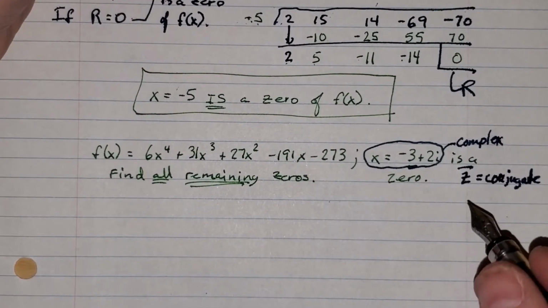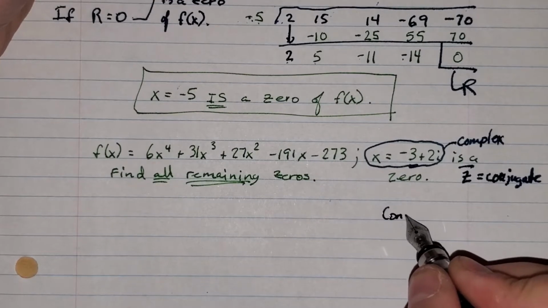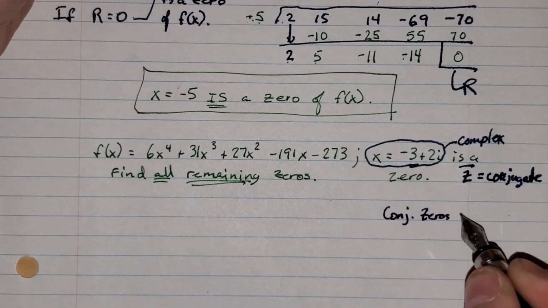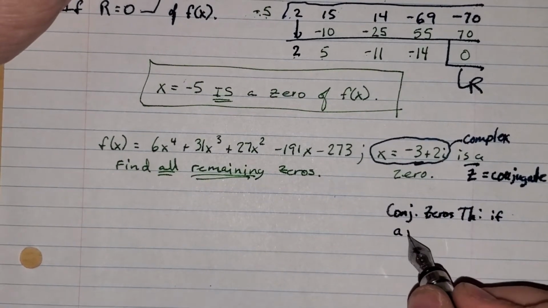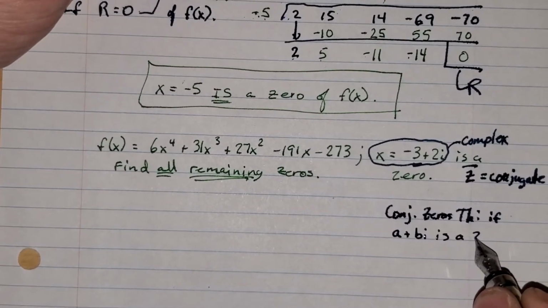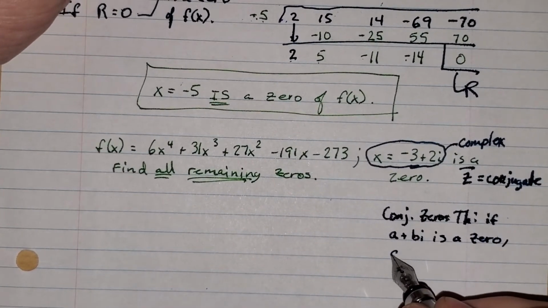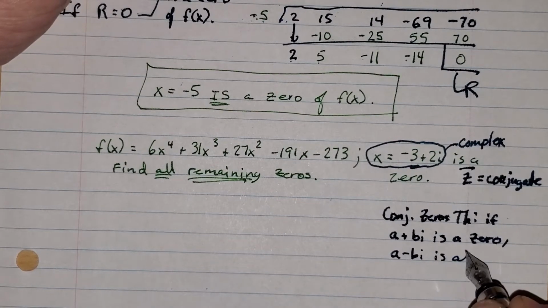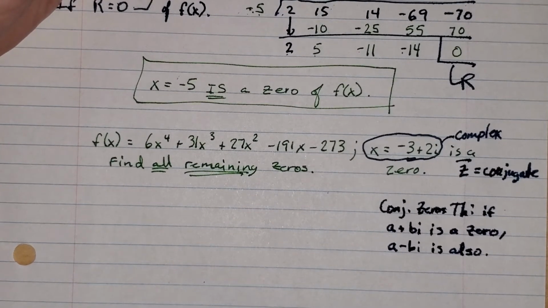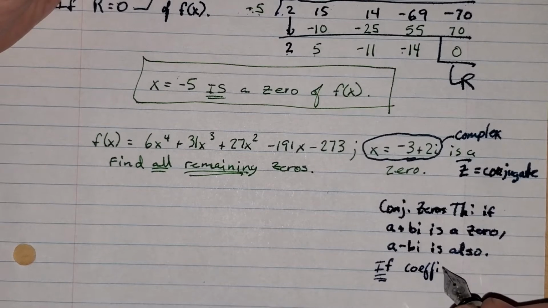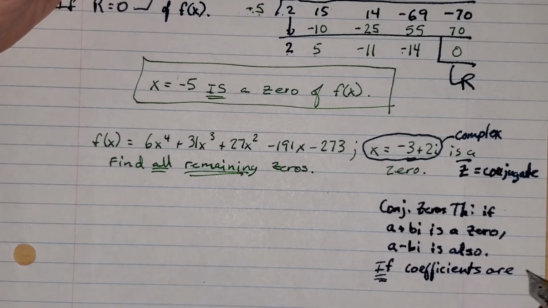What the conjugate zeros theorem says is if a plus bi is a 0, a minus bi is also a 0. There is one catch. This is true if the coefficients are real numbers.